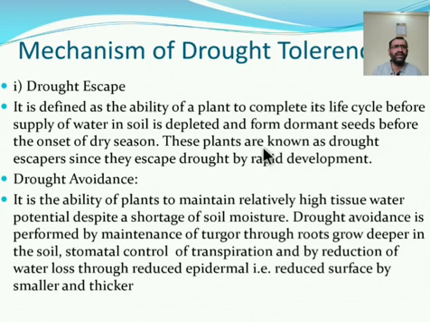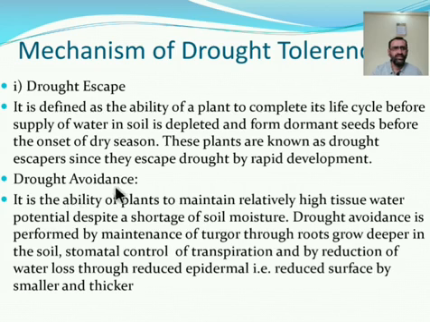These plants are known as drought escapers, by rapid development. It is the specific condition before the drought in which the plant can adjust itself to grow, which is known as drought escape.